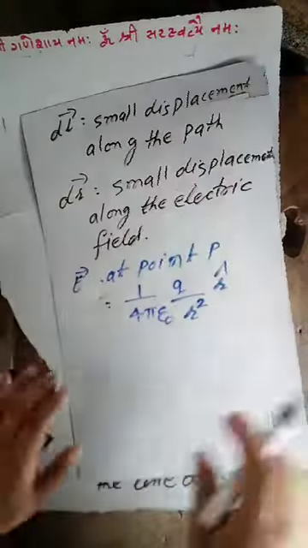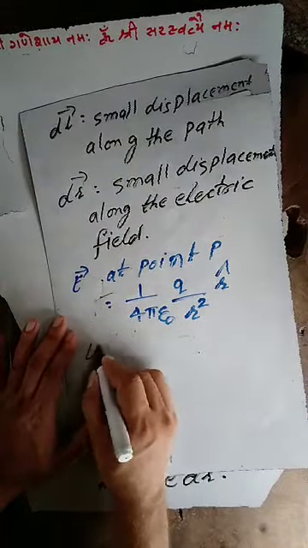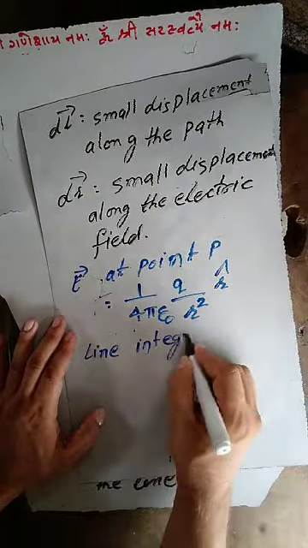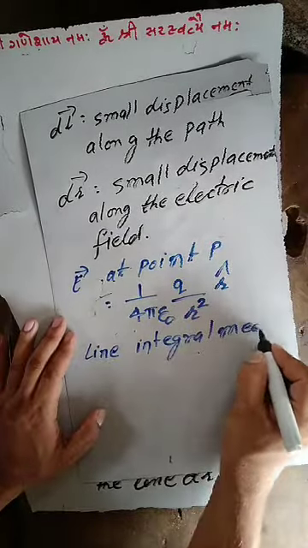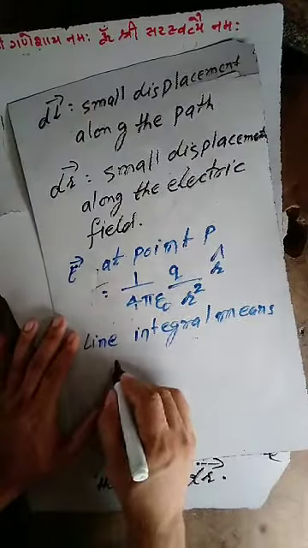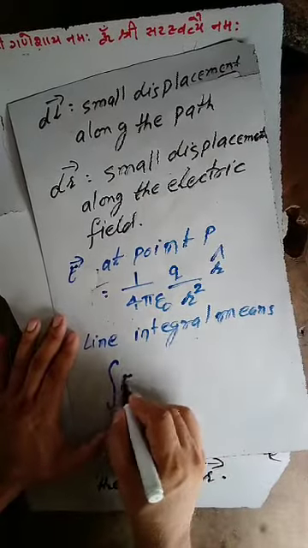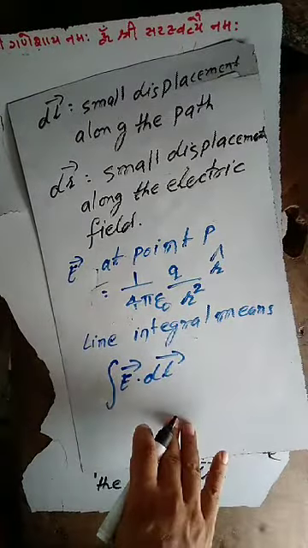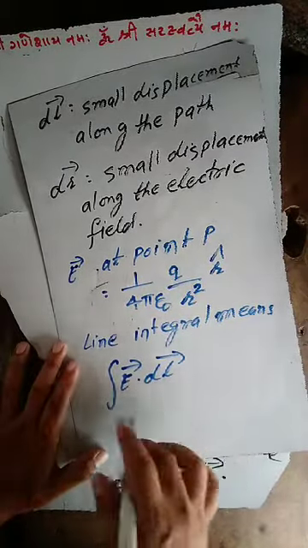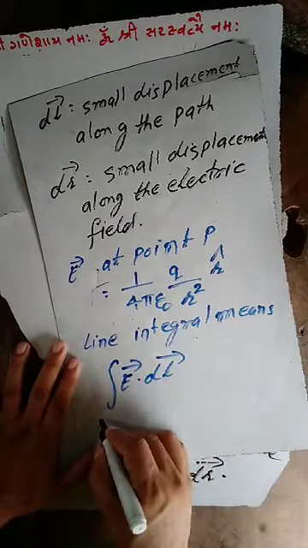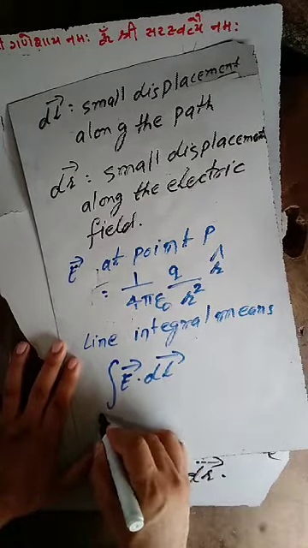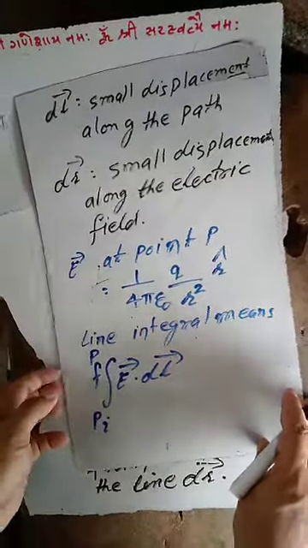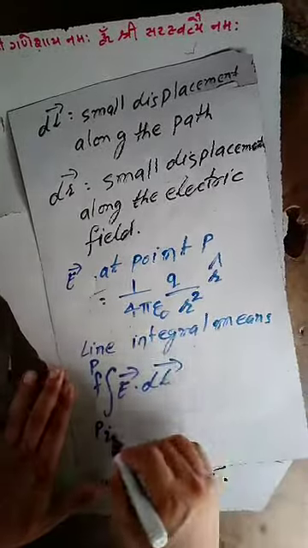So line integral means what? Now come to the line integral. Line integral means we have to integrate the electric field along a line, along a path dl, from the initial position Pi to Pf.